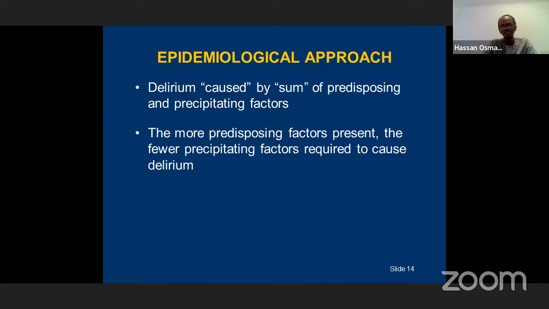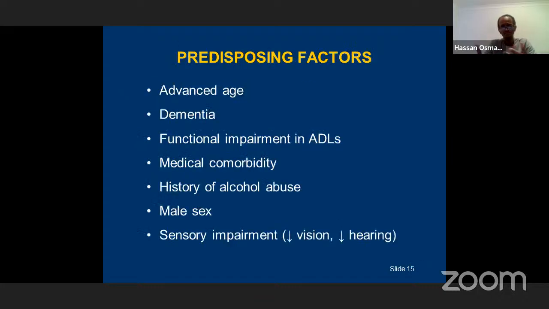When it comes to the predisposing and precipitating factors, it's always a good idea to dig deeper in the history and think widely about what could be the reason that puts the person at risk, or triggers the problem to start. For example, some of the predisposing factors: advanced age, dementia.